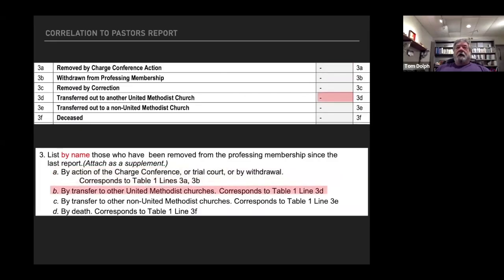Transferred out to other United Methodists would go under 3B. Transferred to non-United Methodists, 3C, and deceased, 3D. Again, any numbers in the 3 box will need to have corresponding names on the pastor's membership report.